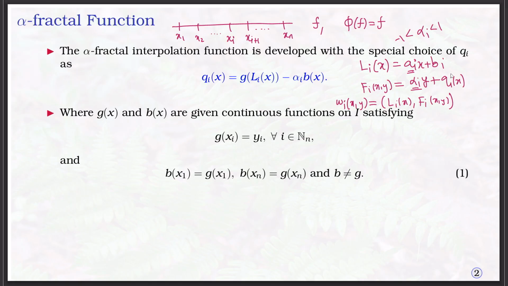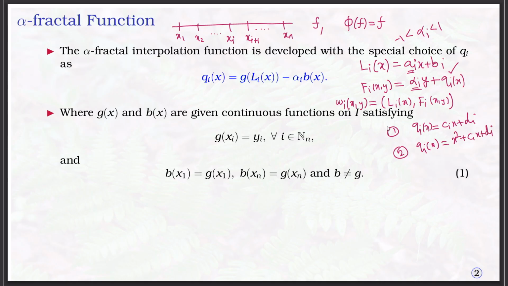Then by choosing different Qi, one can get different types of fractal interpolation function, and alpha i determines the shape of the fractal interpolation function. In the previous example, we took Qi of x as the linear function Ci x plus di, and also we discussed one more type, this is 1 and this is 2, the quadratic form plus Ci x plus di.